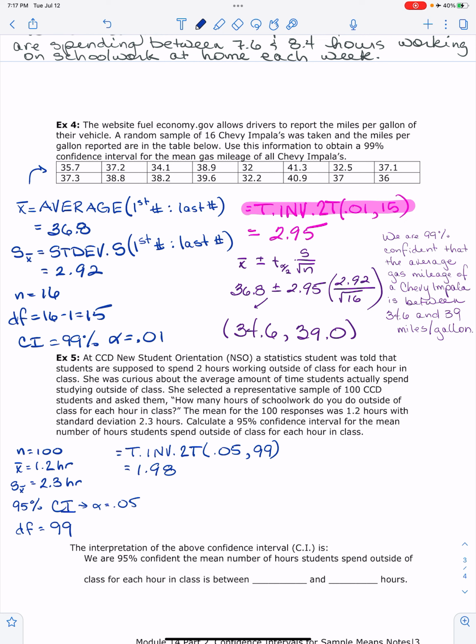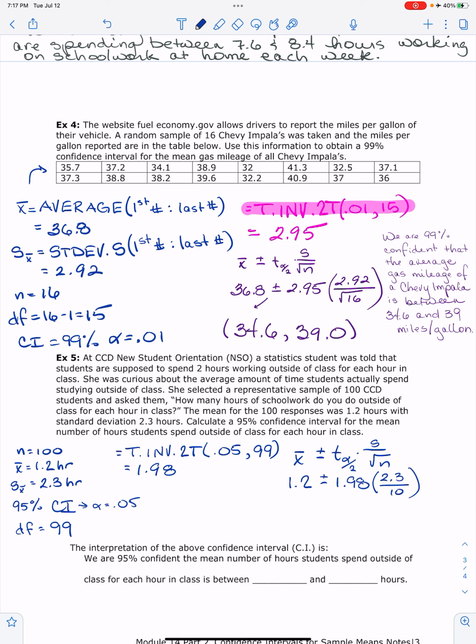Notice it gives us the positive, understanding that in the formula, it doesn't really matter. So we have x bar plus or minus t of alpha over 2 times s over the square root of n: 1.2 plus or minus 1.98 times 2.3 over the square root of 100, which is 10.